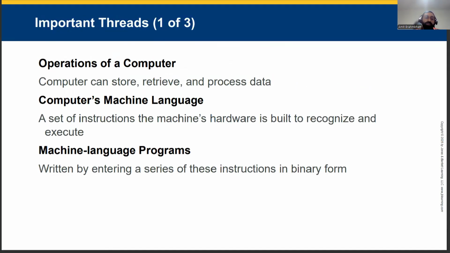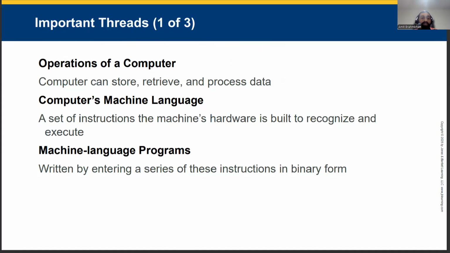Important threads. This slide summarizes the key ideas about computer operations. First, computers can store, retrieve, and process data, fundamental abilities that make them useful for countless applications. Second, every computer has a machine language, a set of binary instructions its hardware is built to recognize and execute.